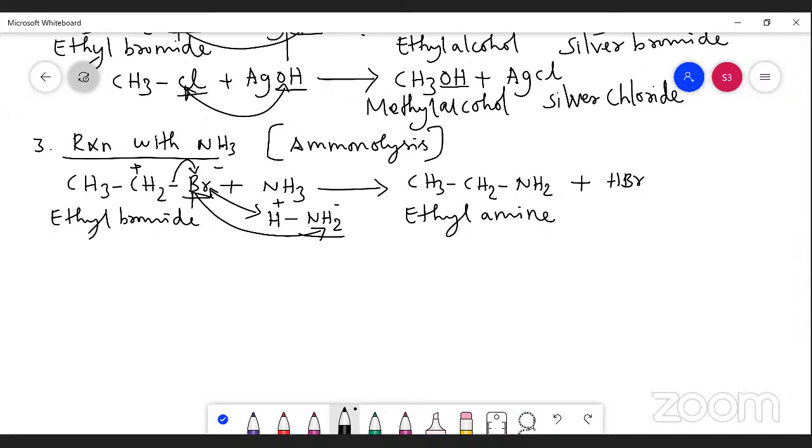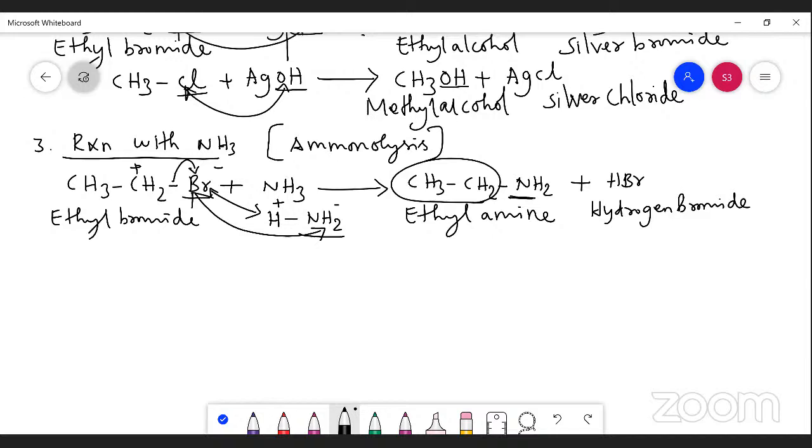You should know that whenever I am writing the compound, it is based on the functional group. Here the functional group is what? NH2. So what type of alkyl group is this? Ethyl. So you understood, ethyl followed by amine. Okay, it is the suffix name. You should add amine. So then we will get ethylamine. And we know this is hydrogen bromide.